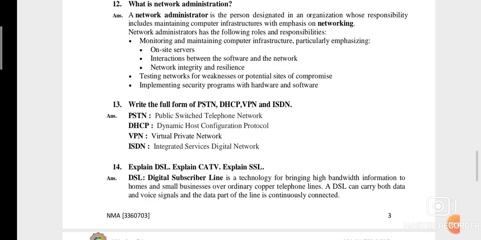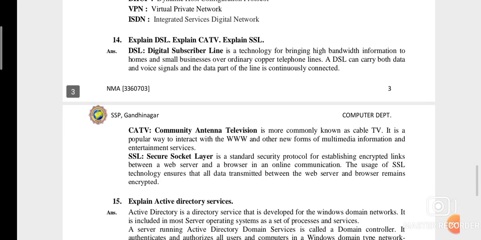A DSL can carry both data and voice signals, and the data part of the line is continuously connected.